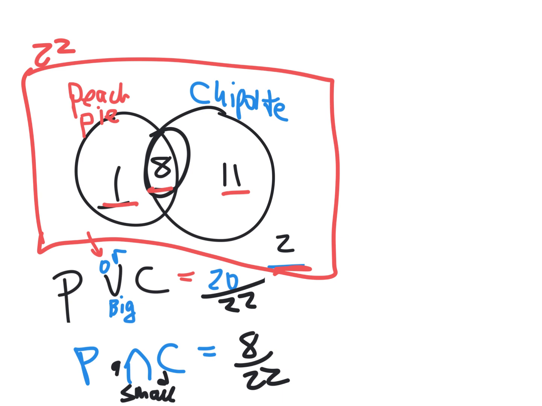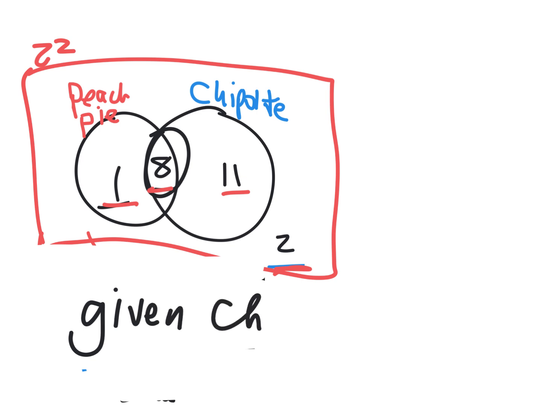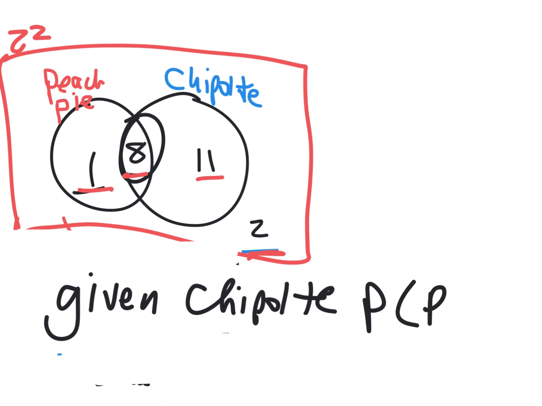Now it's going to be out of 19. Now my answers are completely different. So if I asked this, given Chipotle, that means you're only going to talk to Chipotle lovers. What's the probability of peach?